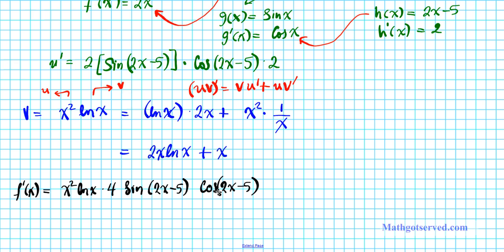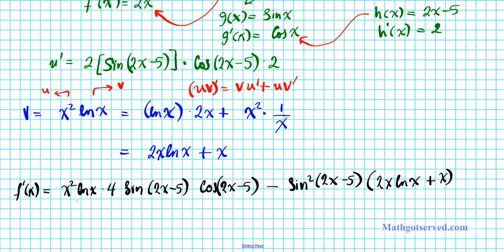This is v u prime minus u v prime now, okay? So u is sine square times 2x minus 5. V prime is this result right here, 2x times the natural logarithm of x plus x.